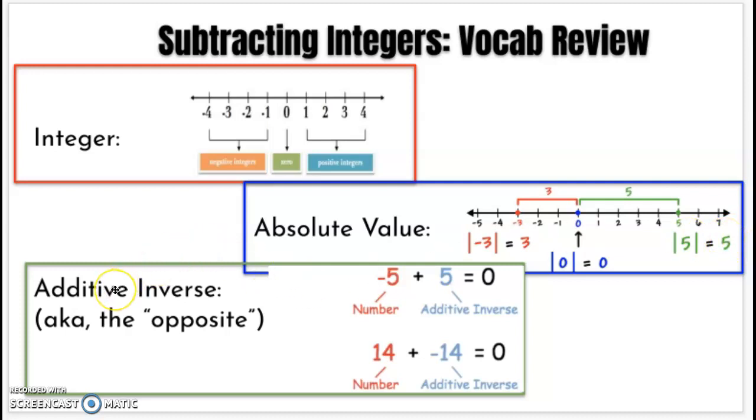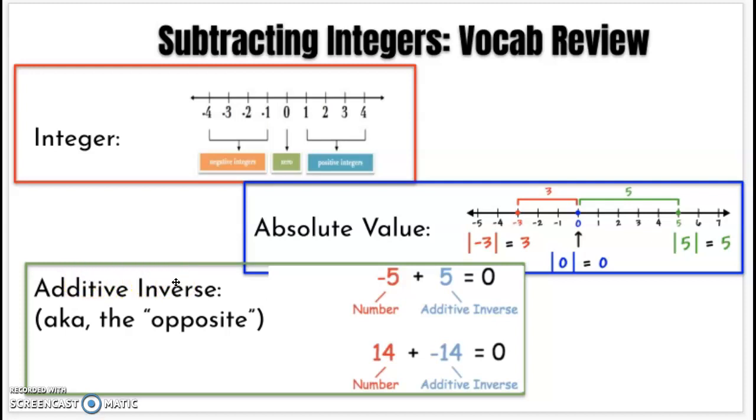Now this third word here is a more complicated version of something that we actually already know. Additive inverse is really just a number's opposite. Now let's break this down. Additive probably means adding. Inverse means the opposite, so adding the inverse.